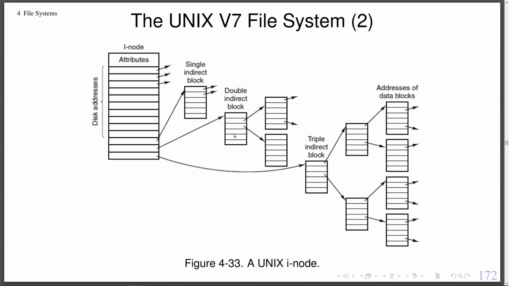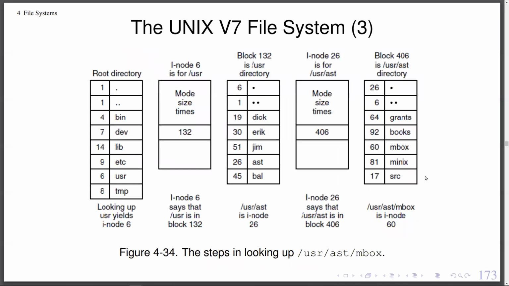It could be tiered into a hierarchy where you've got maybe double indirect blocks like this, or even triple indirect blocks. And then finally, at the lowest level, you've got blocks that store the actual addresses for the rest of the file, the locations where all the data is for a really large file.